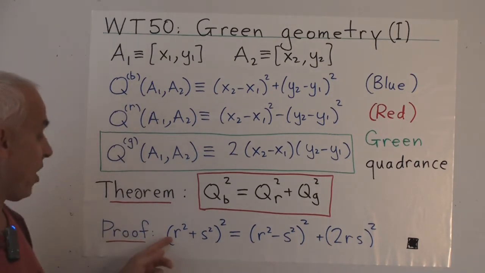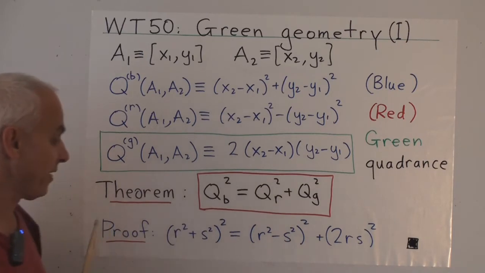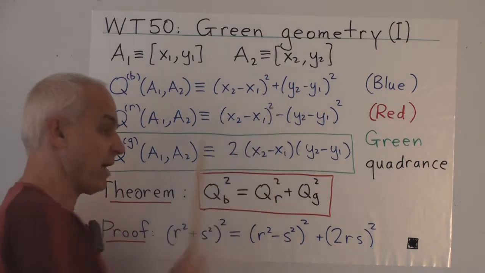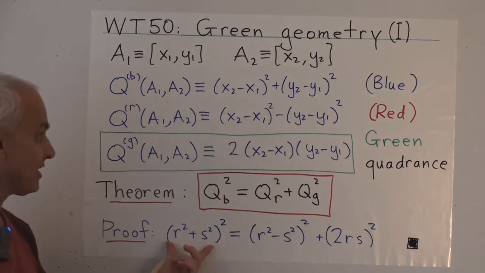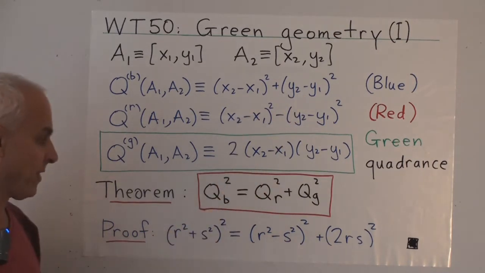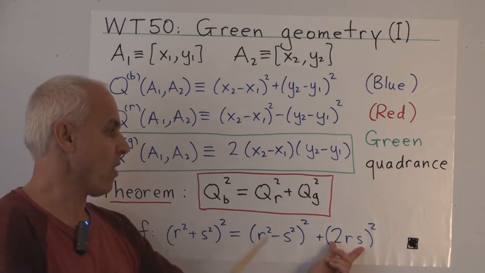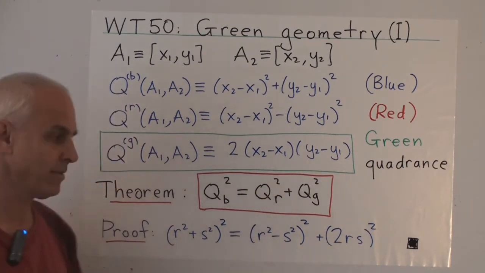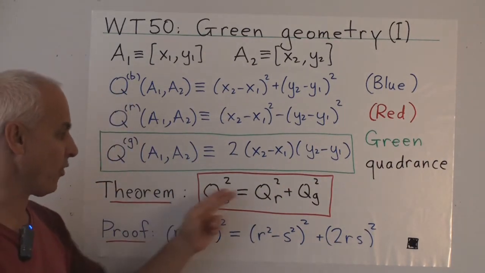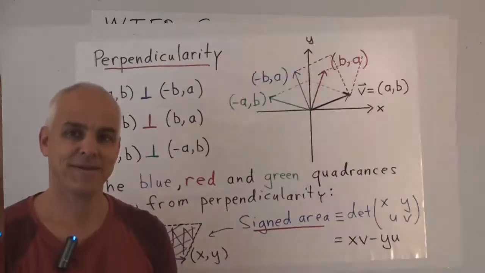In particular, if r equals x2 minus x1 and s equals y2 minus y1, then this is the blue quadrance squared, this is the red quadrance squared, and this is the green quadrance squared. So this identity proves this theorem.